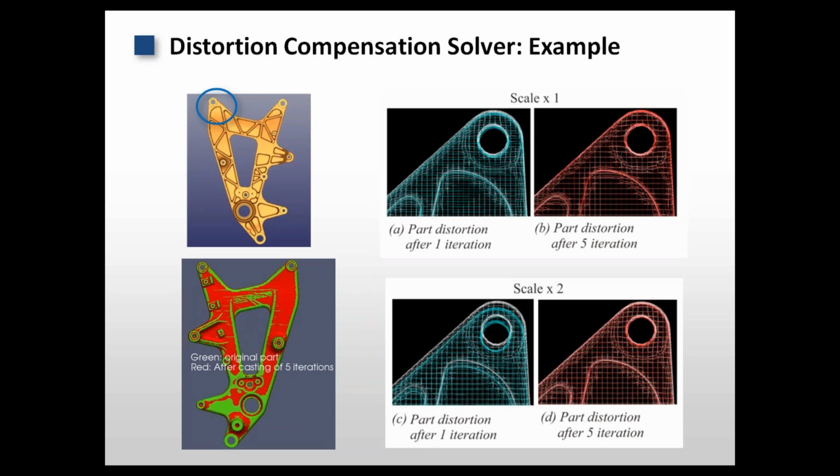When you finish the compensation, you will get a mesh of the casting part, and you can export the mesh in STL format into your system to rebuild the geometry.